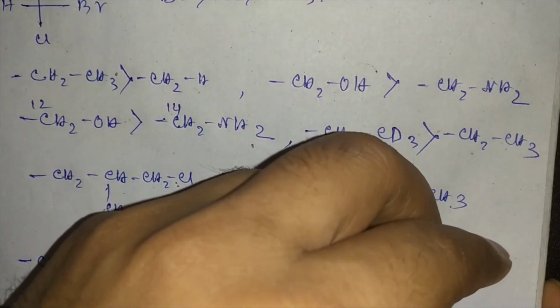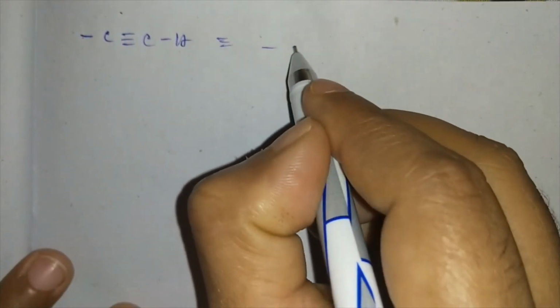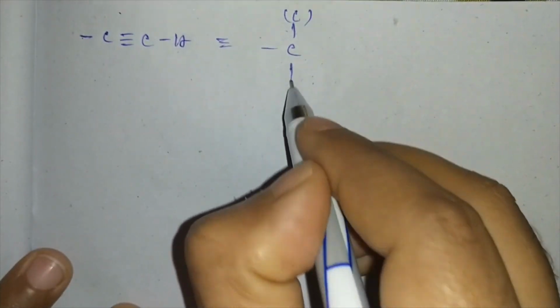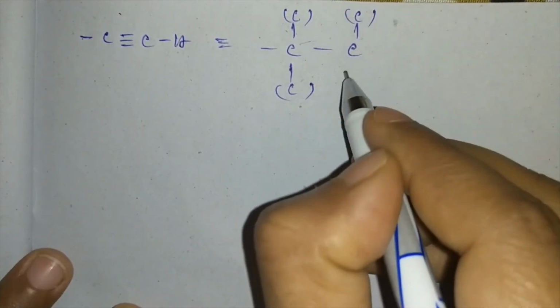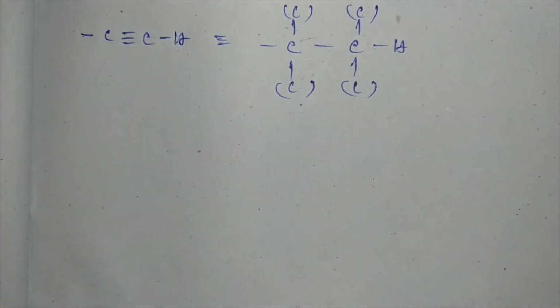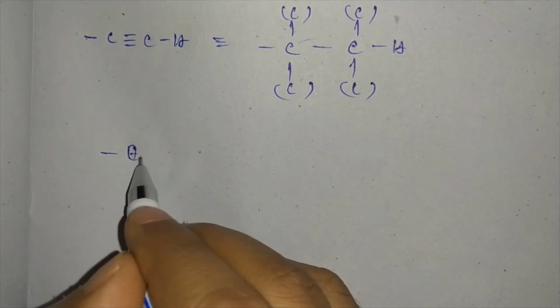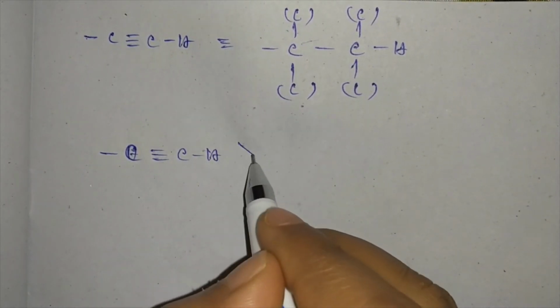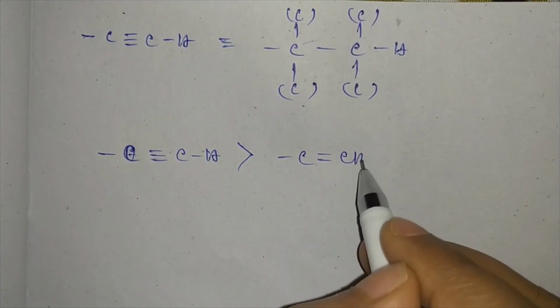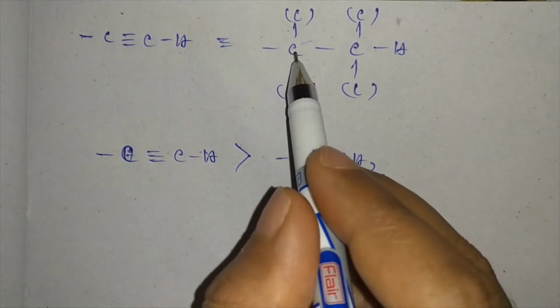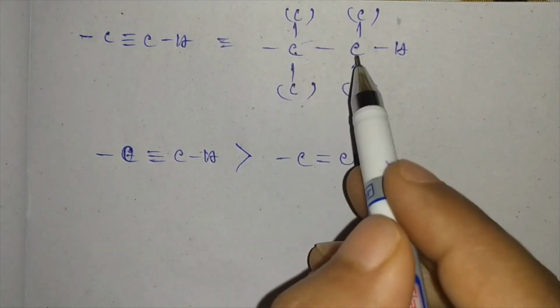We'll take another example. Like, it can be represented as C, C, C, H. Now the priority sequence of C triple bond CH is higher than C double bond CH2, because here the carbon is bonded to another 3 carbon.